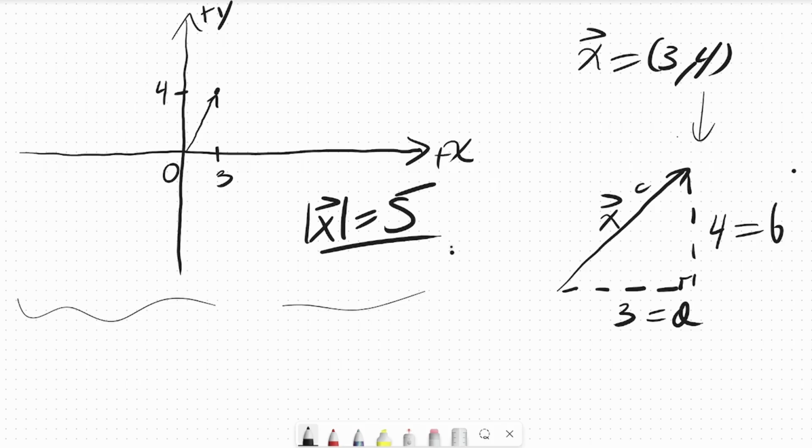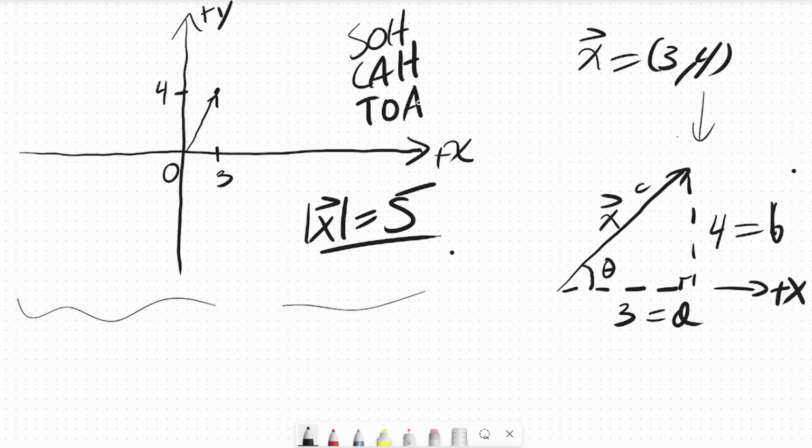But what about its direction? Do you think you could tell me the direction that this vector is pointing? Well, we know that there's going to be some angle between our vector and the positive x-axis. We're going to call this angle theta. Now, from SOHCAHTOA, if you've studied trigonometry in the past, we know that tangent of theta is going to be the opposite divided by the adjacent.